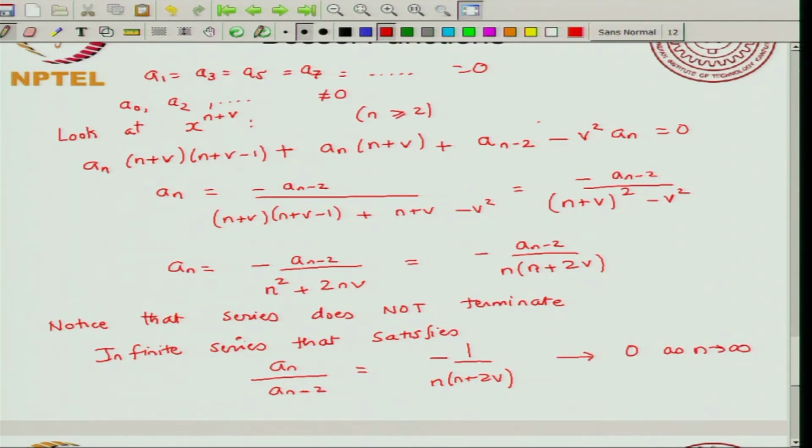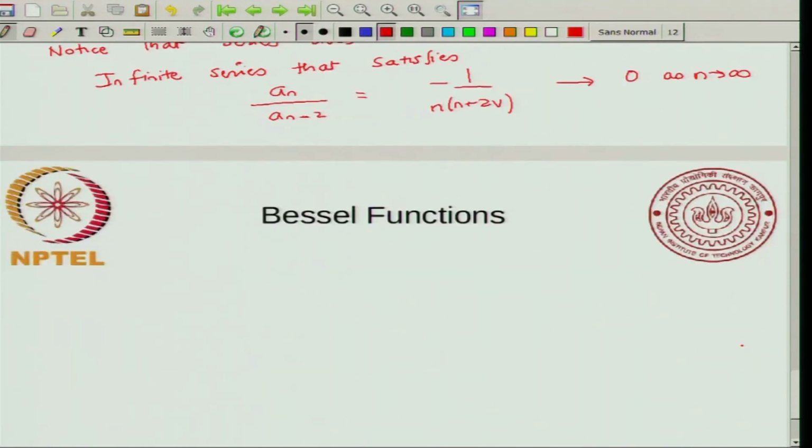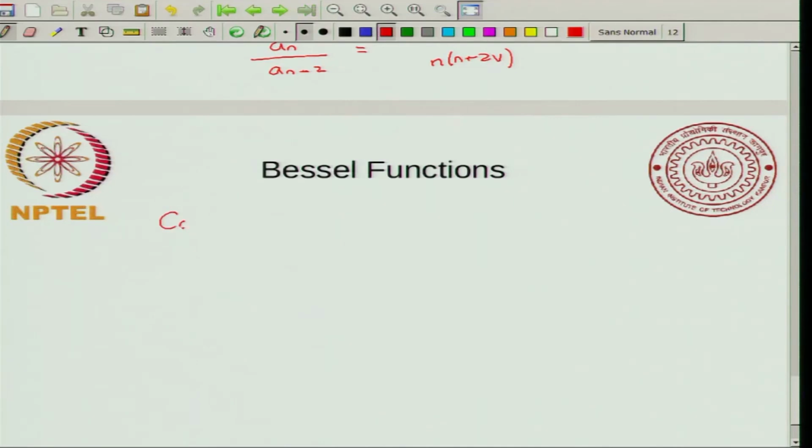That means, as n tends to infinity, the ratio of a n to a n minus 2 will go to 0. That means the series is convergent. This convergent series is called the Bessel function of first kind, and it is denoted by J v of x.